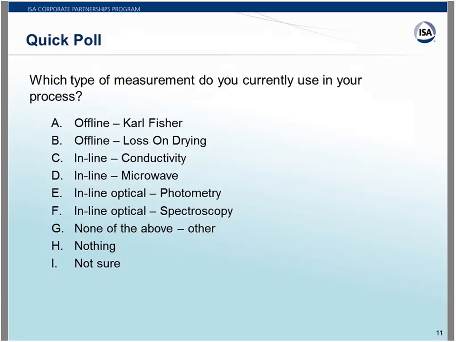Okay, here we've arrived at the poll, and just what we talked about. We'd like to know what kind of moisture measurement our audience is currently doing, and you can fill out more than one.